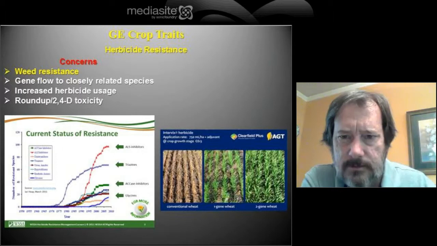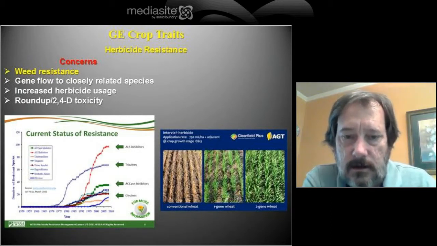I think it's important to point out here, especially to a non-farming audience, a lot of times they think pesticides only refers to insecticides, but pesticides is a broad term that includes a lot of things. It includes herbicides, insecticides, miticides, fungicides, nematicides, and here we're talking about herbicides, which is a type of pesticide.